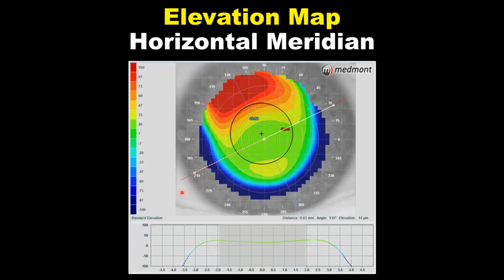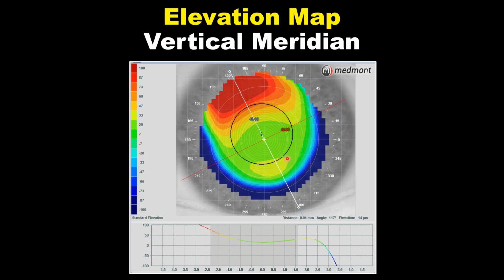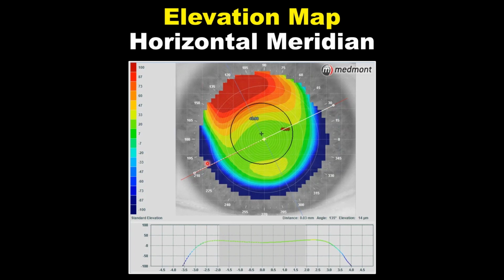Now let's pull up the elevation map. The axial map said the central cornea is relatively smooth. This patient should have decent vision with glasses, with soft lenses, with GP lenses. But when we pull up the elevation, we see how challenging this eye shape is. What I want you to focus in on is the flat meridian here.